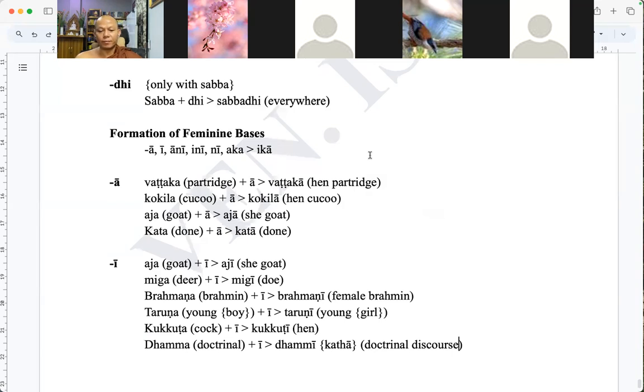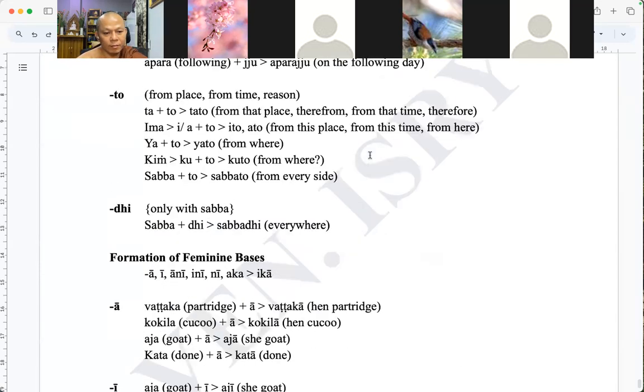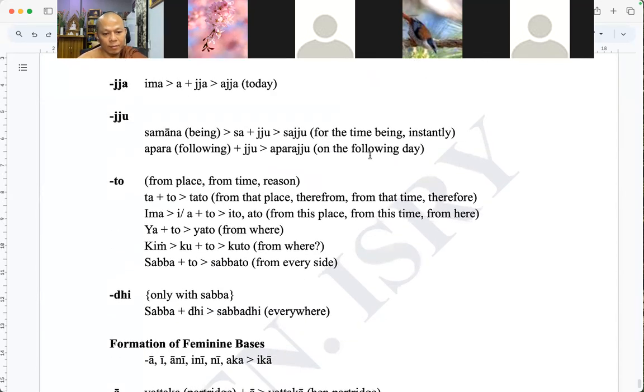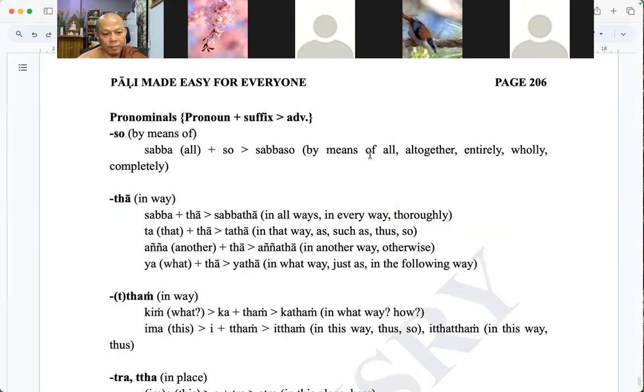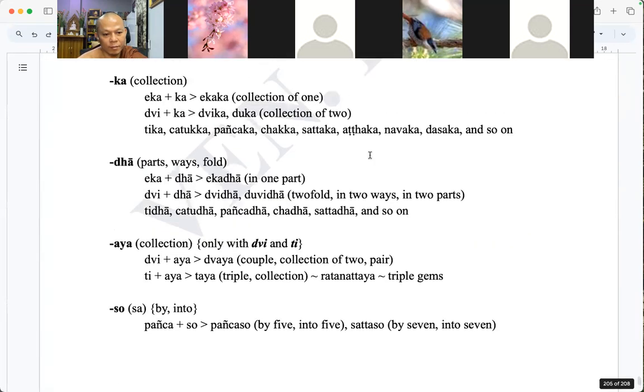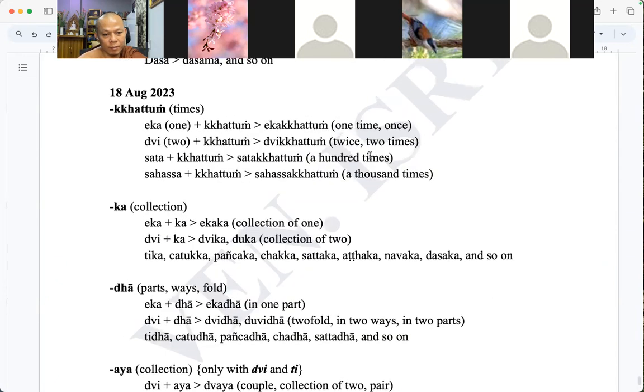Okay. For the second point, Bante, maybe please move to number 4, numeral derivatives with the suffix ma.